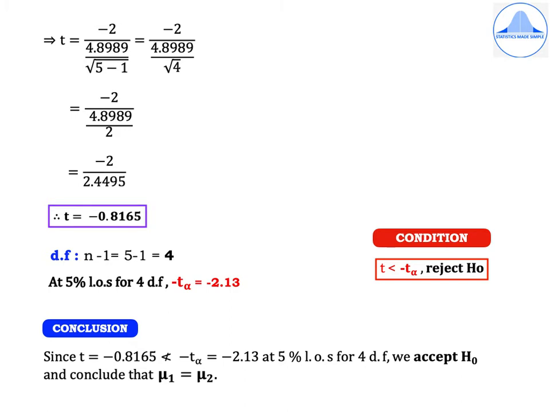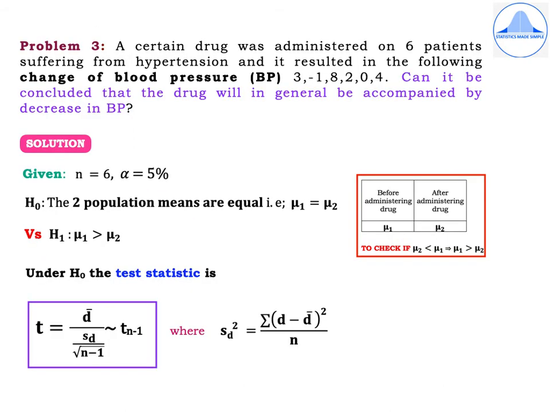Conclusion: since t is equal to minus 0.8165 is less than minus t alpha, which is equal to minus 2.13, at 5% level of significance for 4 degrees of freedom, we accept H naught and conclude that mu1 is equal to mu2.